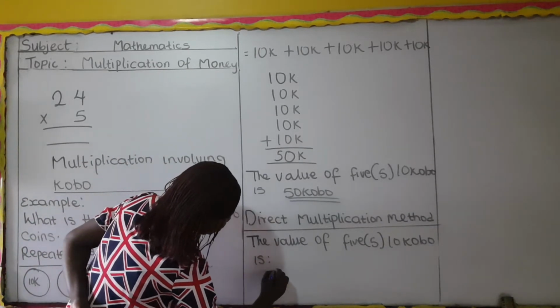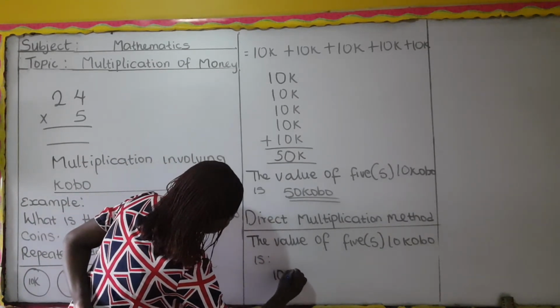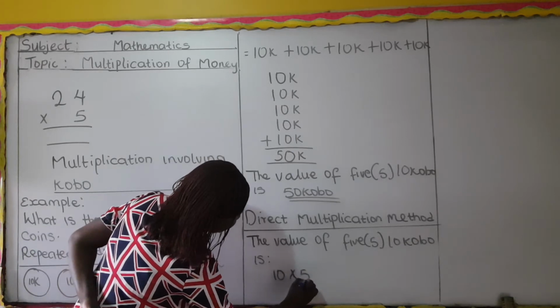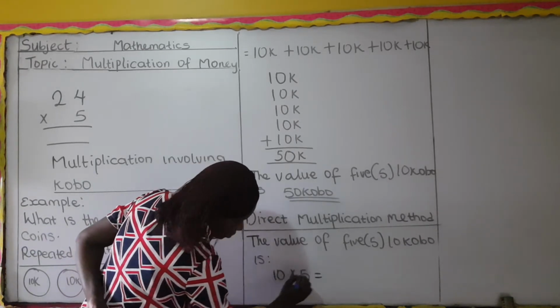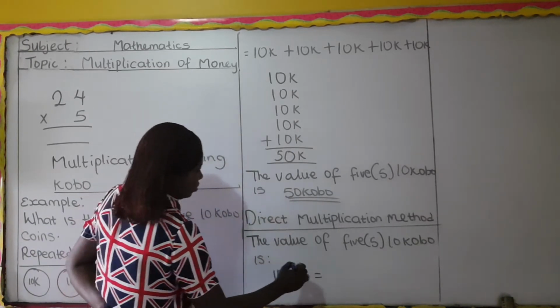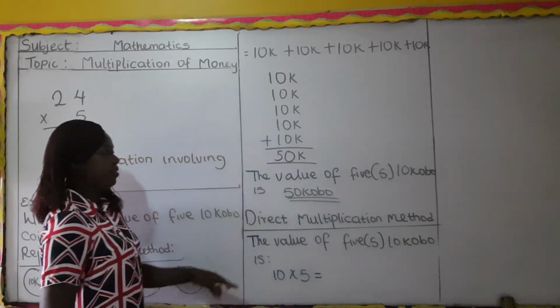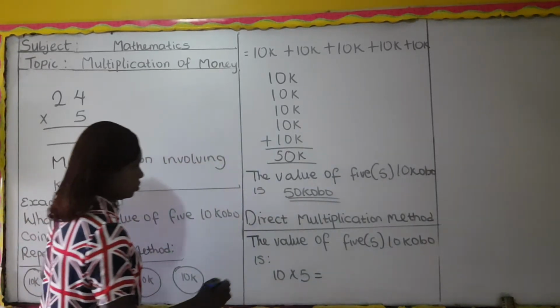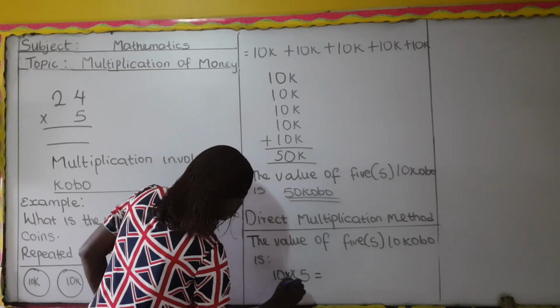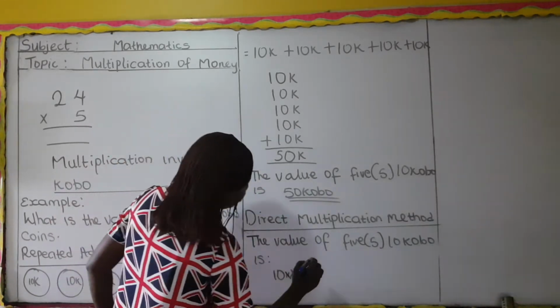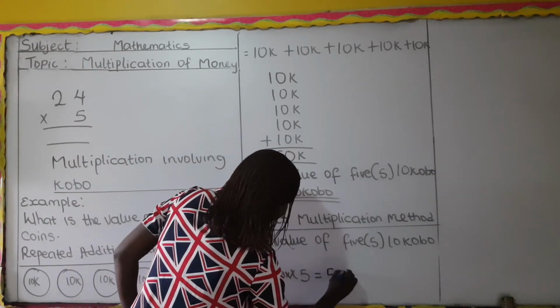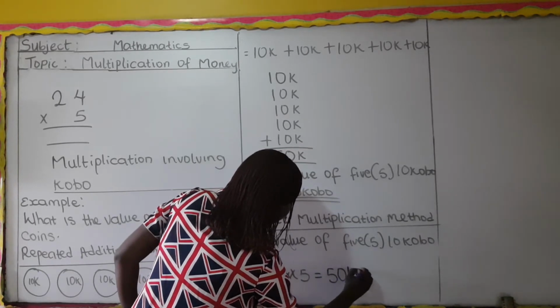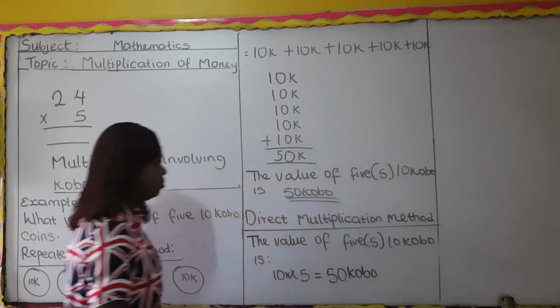You say 10 times 5. So 10 times 5 will give us 50. That is 50 kobo.